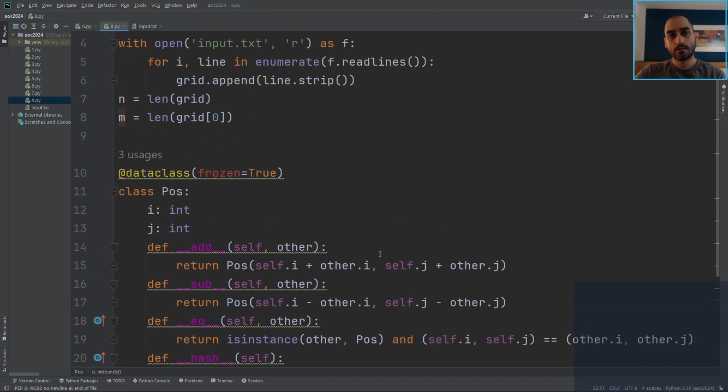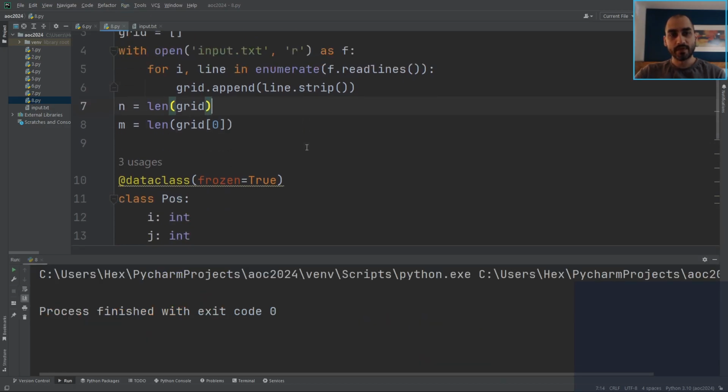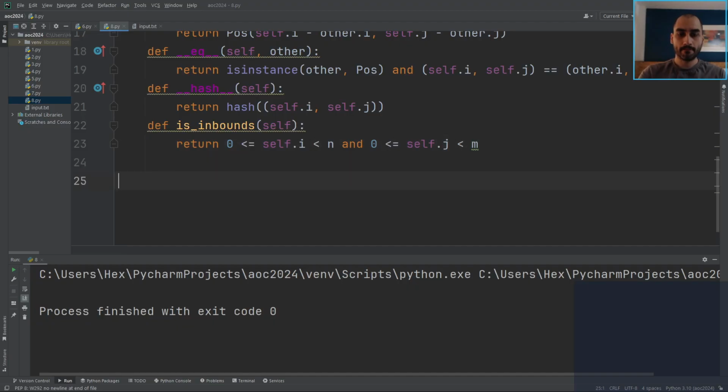Okay. Just run that. Alright, so we'll just populate a dict of symbol to frequency, like that.